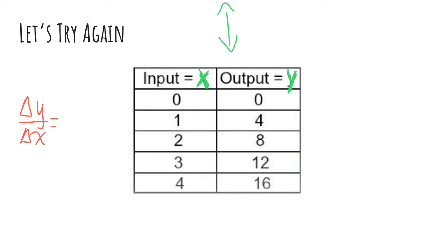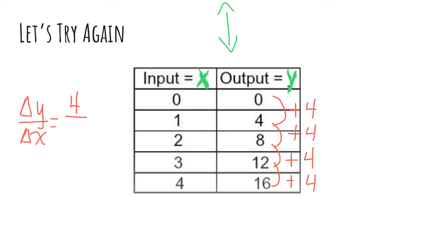So y appears to be going from 0 to 4. I added 4. 4 to 8, added 4. 8 to 12, added 4. 12 to 16, I added 4. So it looks like I'm going to add 4 on the y side. You can use your plus sign if you want to. I'm going to choose not to.